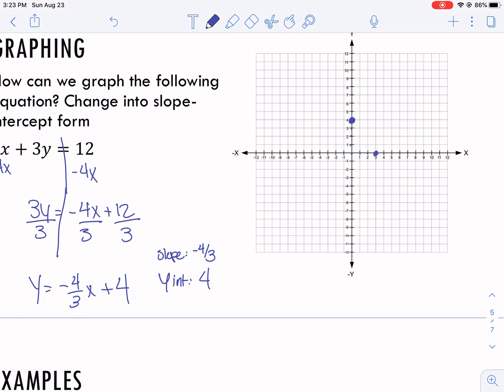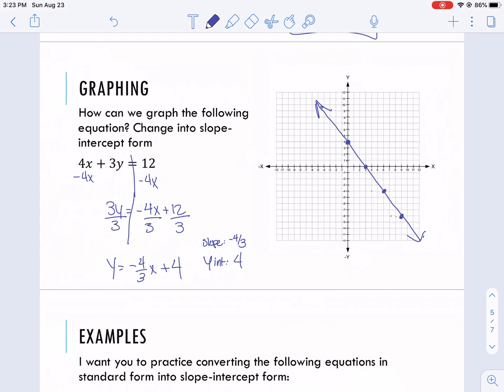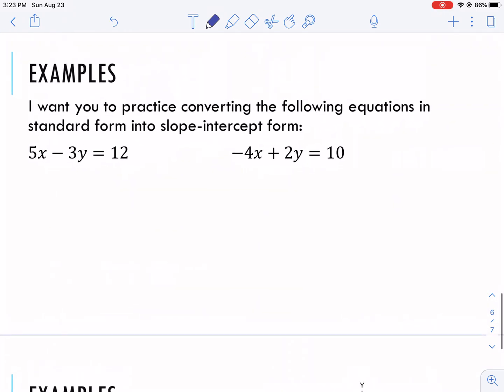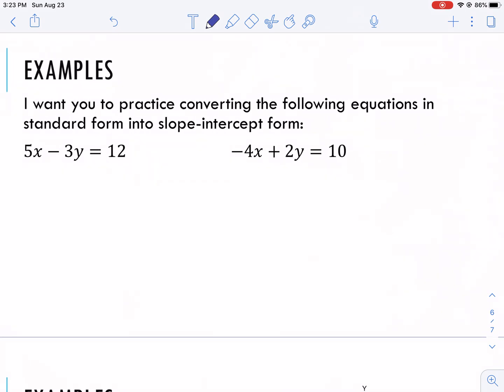And I usually like to do 2 or 3 extra points after I graph my y-intercept in order to draw my line. If you want to pause this video and rewrite these into slope-intercept form, that would be a good idea, to practice that skill.